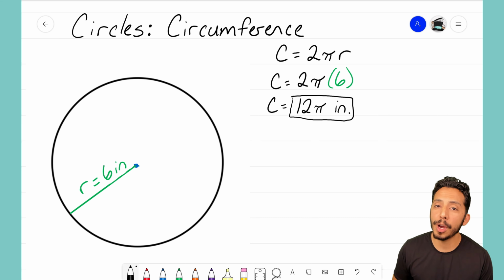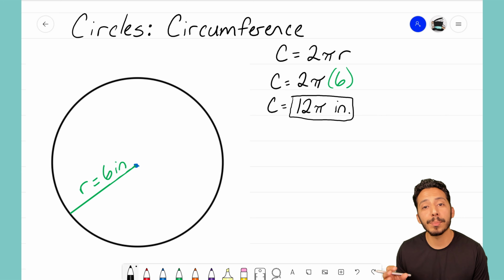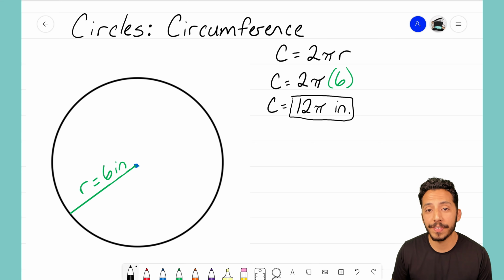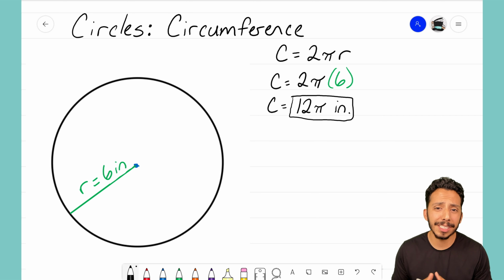Now, I know some of you know that pi equals 3.14. It actually equals a lot more than just 3.14. It's an irrational number that does go on for infinity. When we're dealing with circles and trying to find the circumference, we could take 12 and multiply it by pi in our calculator, and we'll end up with a really long string of decimal numbers that doesn't make sense for us to write down.